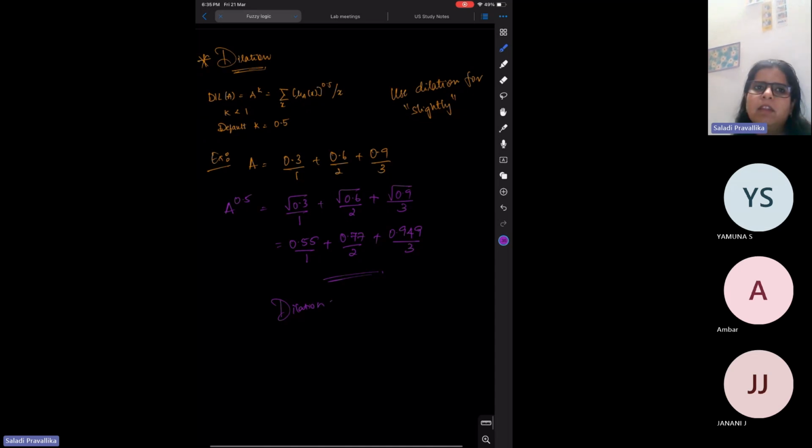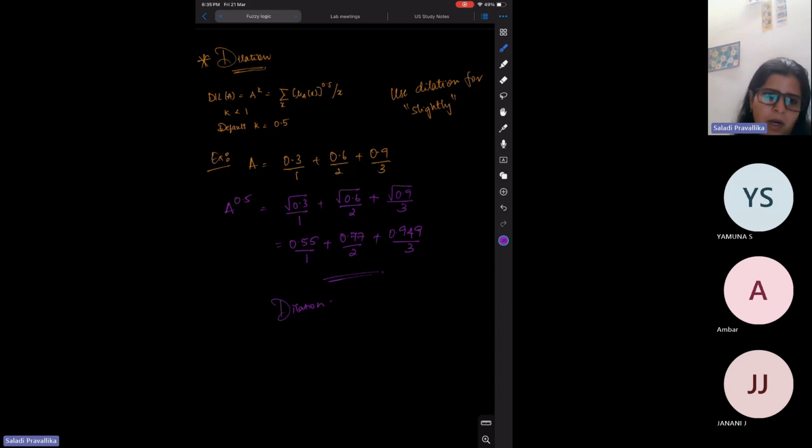Again, I'm repeating: for concentration, you square it as a default; for dilation, you take the square root as a default, until the k values are specified. Sometimes you might be asked with k equal to 0.2. Is it going to be dilation or concentration?